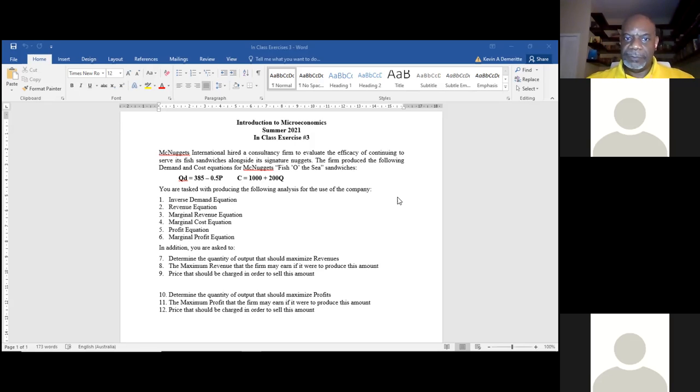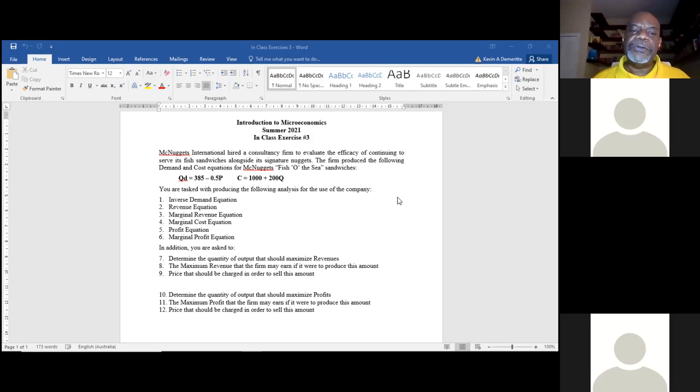All right. So, McNuggets International, you get a word problem like this: hired a consultancy firm to evaluate the efficacy of continuing to serve its fish sandwiches alongside its signature nuggets. That's just words. It doesn't really have anything to do with the question itself. It's just laying out the problem for you.